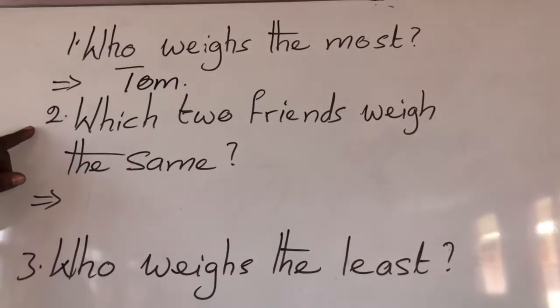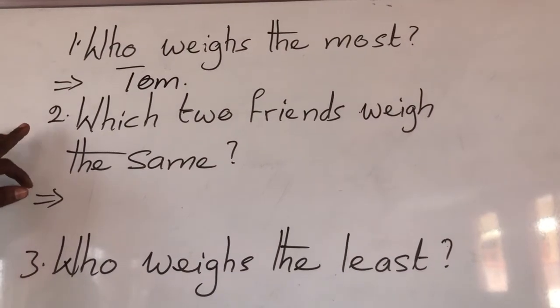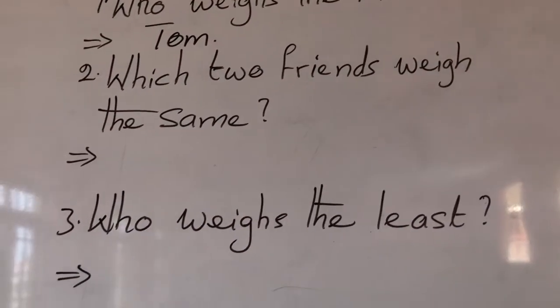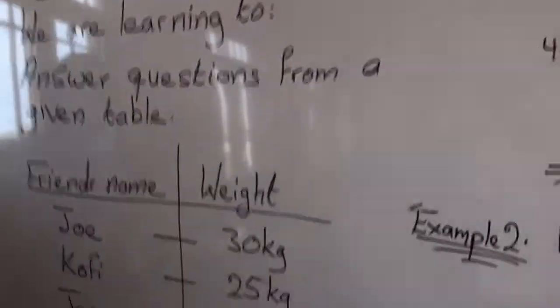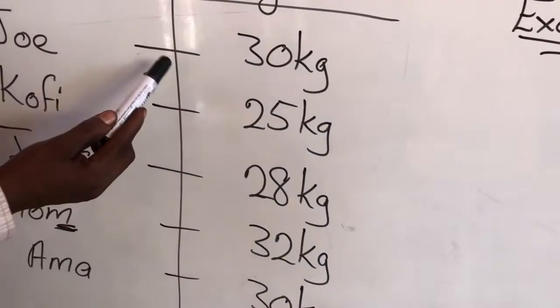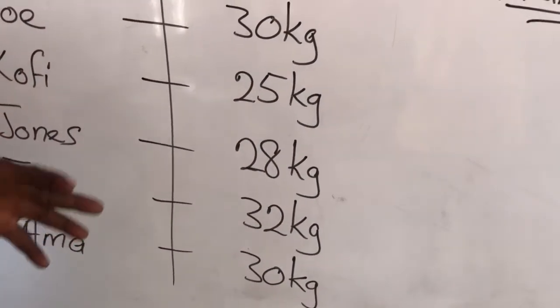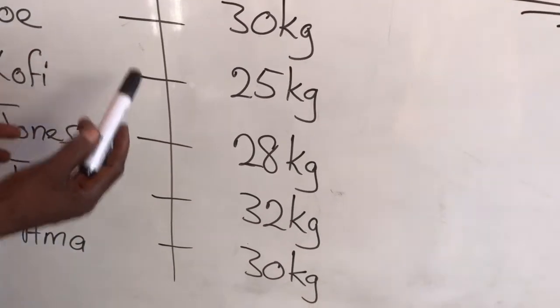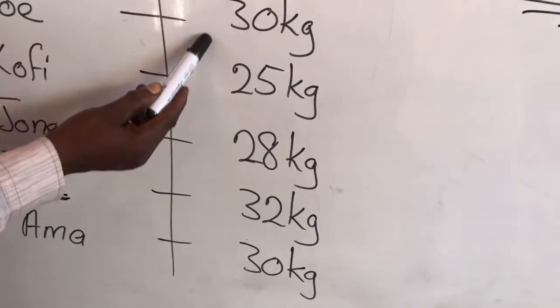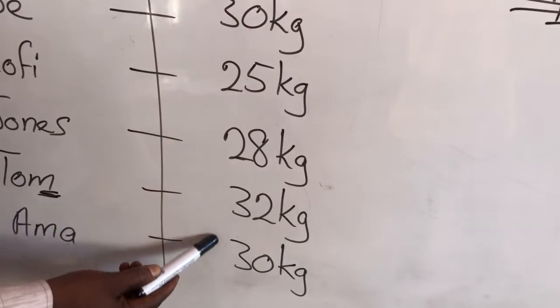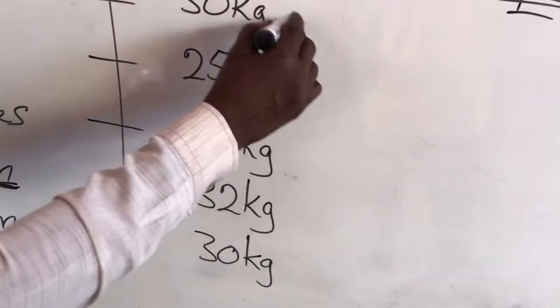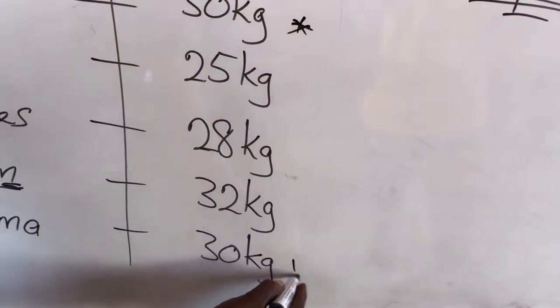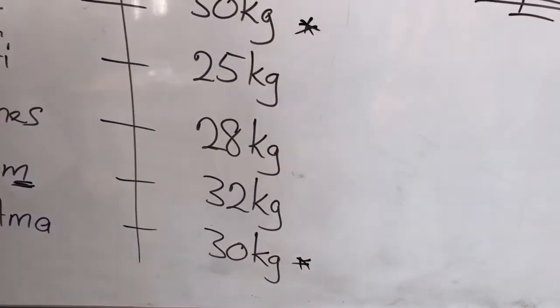Question 2. Which two friends weigh the same? Let's quickly come to the table and check the equal weight. We have 30 here and 30 here. Who weighs this 30?